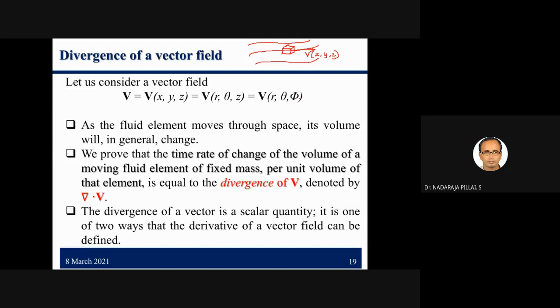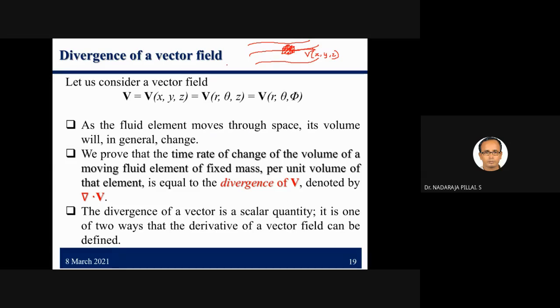Now, I want you to visualize. I told you the fluid element moves through this space. Its volume may change. The change in volume of the fluid element may increase or decrease, but there is a possibility of change in the volume. Our ultimate goal here is to represent the change in volume.